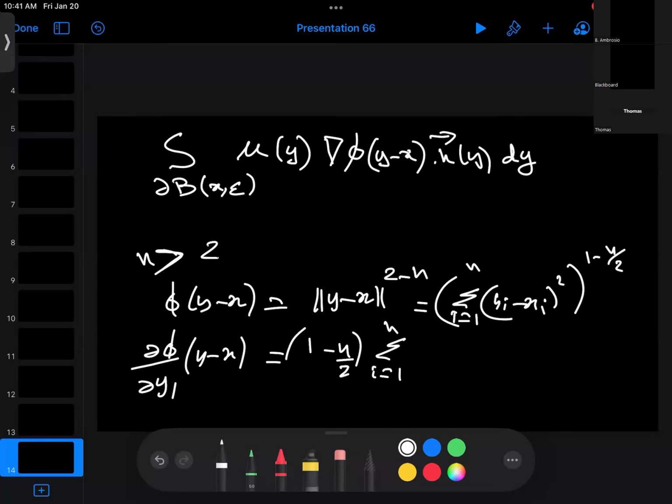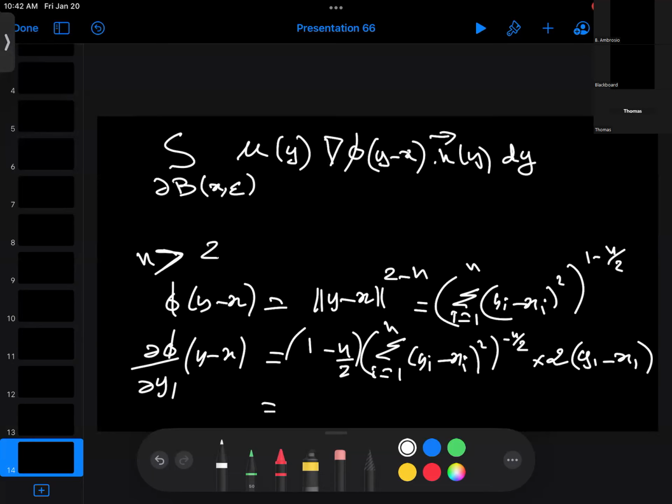So this will be 2 minus n, y i minus x i, times 2, and I obtain y1 minus x1. I think I'm good with that.